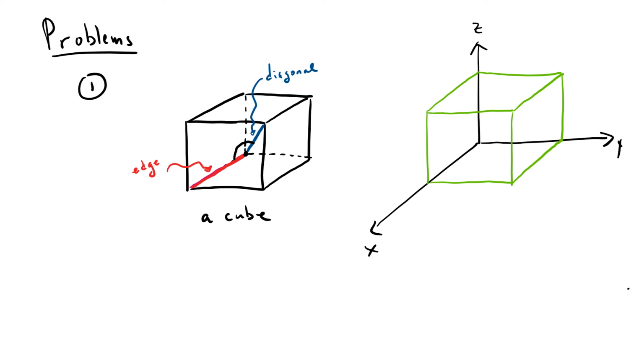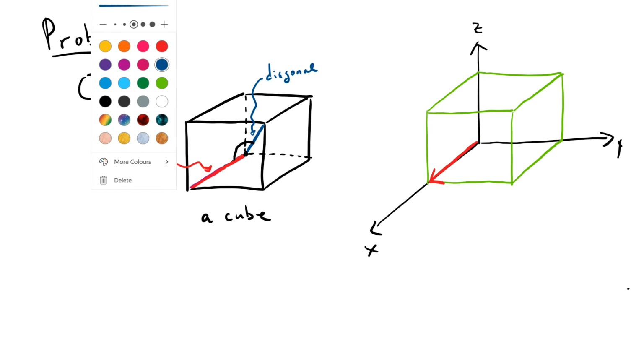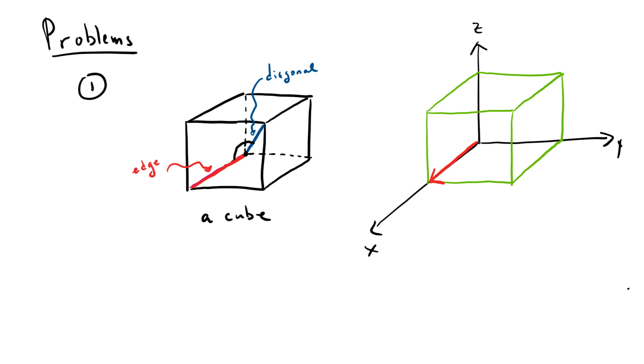I'm going to add the edge and associate to it a vector. So the natural vector to construct is the one starting at the origin, ending up at one of the vertices of the cube, and I'm going to add the vector which describes the diagonal, and we want to find this angle here.